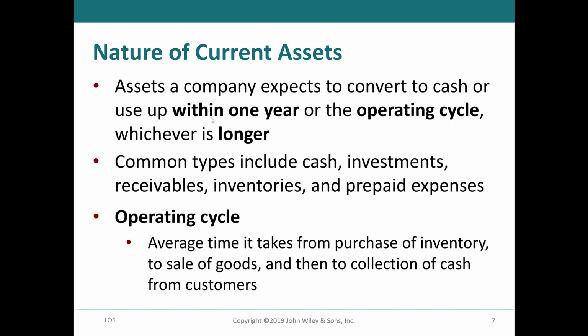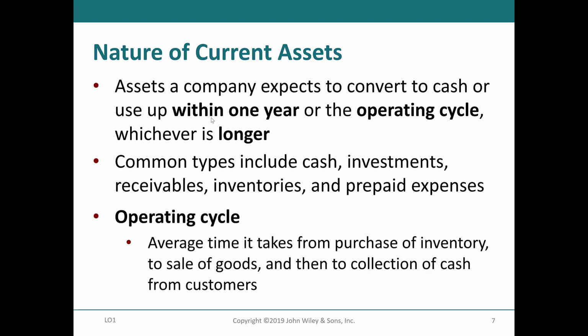A current asset. Now, common types of current assets, we have cash, of course, short-term investments, receivables, it could be accounts receivable, notes receivable, or interest receivable. We have inventory, prepaid expenses. These are examples of current assets.